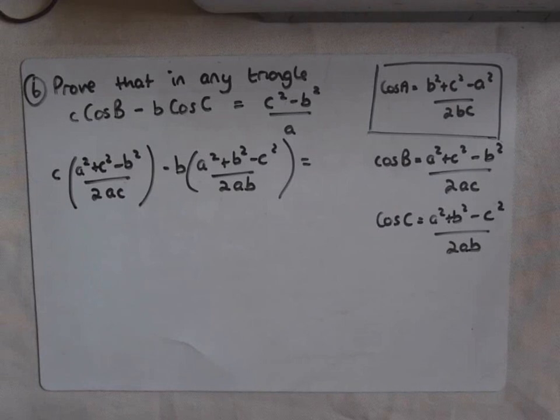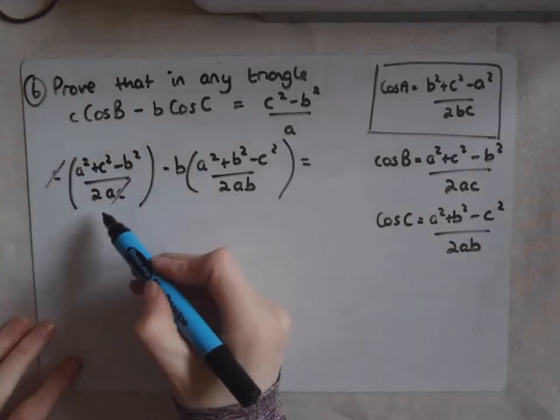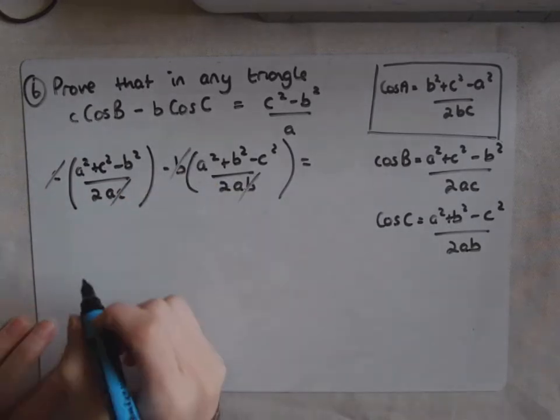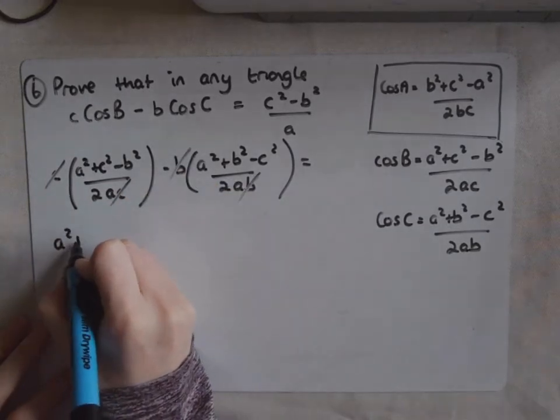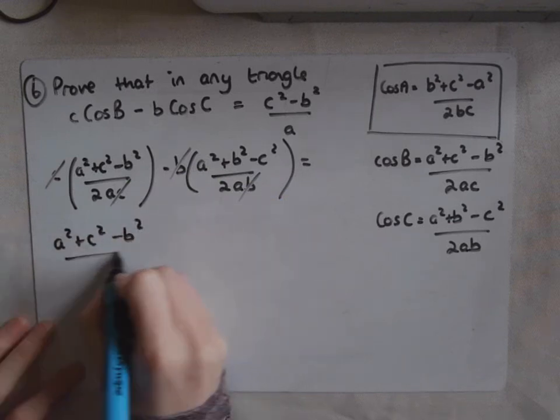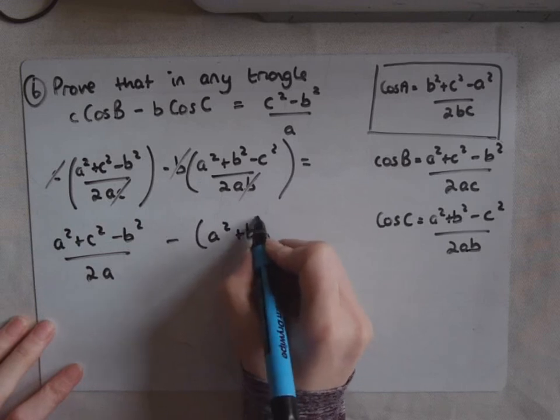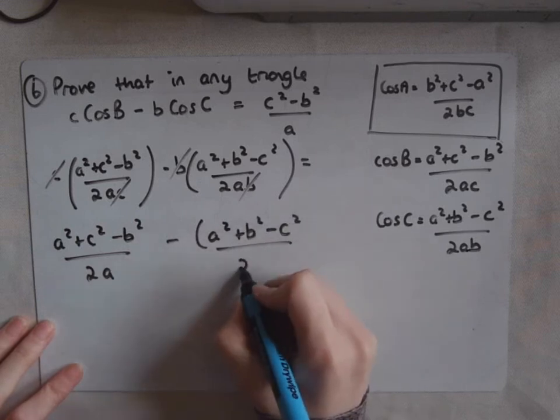And I'm just leaving it equal to the right hand side there. Everyone okay with that so far? My c on top is going to cancel with my c on the bottom. My b on the top is going to cancel with my b on the bottom. So I'm left with a squared plus c squared minus b squared over 2a minus a squared plus b squared minus c squared over 2a.